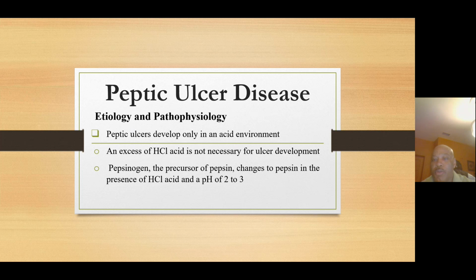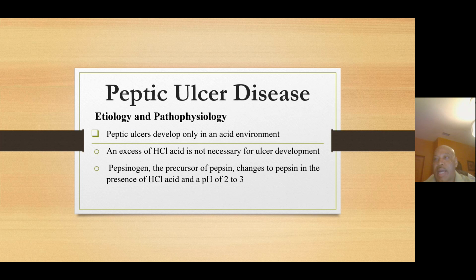Pepsinogen, which is the precursor of pepsin, or the enzyme, it is an enzyme, or before it becomes an enzyme, if you will, it's called pepsinogen before it's changed to pepsin. Of course, the pepsinogen changes to pepsin in the presence of hydrochloric acid.